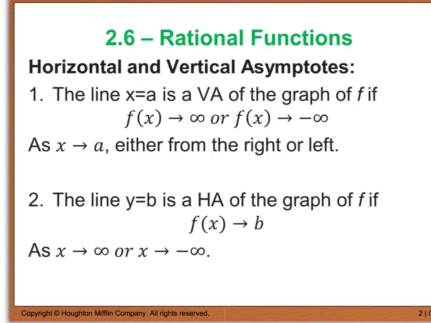So if you go back and look at example 1, you'll see that our y values were approaching a positive and a negative infinity. Then the second thing we have to look at: the line y equals b is a horizontal asymptote of the graph if your function approaches some number, in this case b, as your x values are approaching positive or negative infinity. And we'll take a look at this in another example.